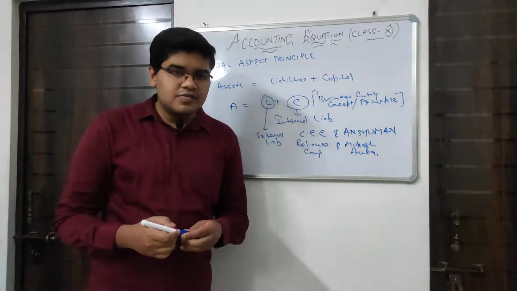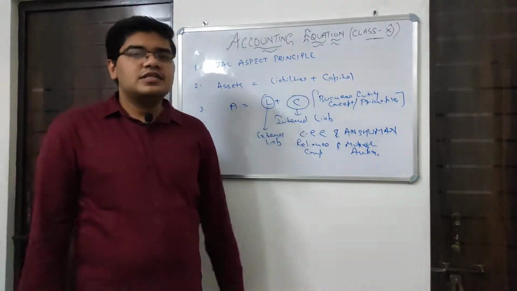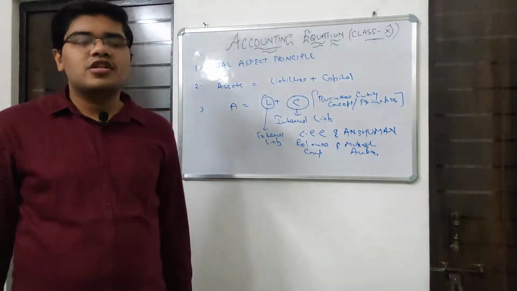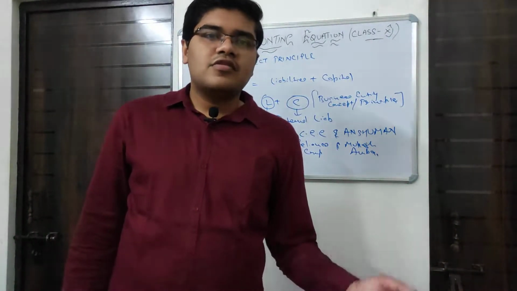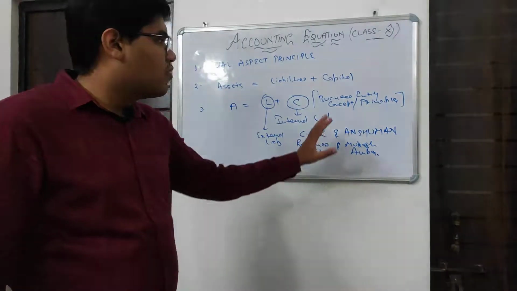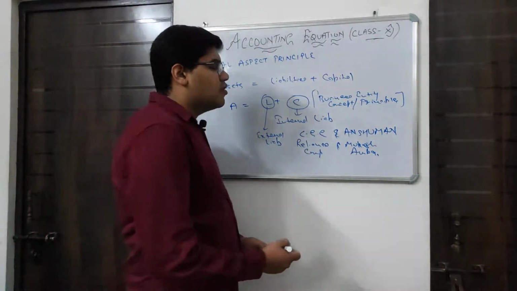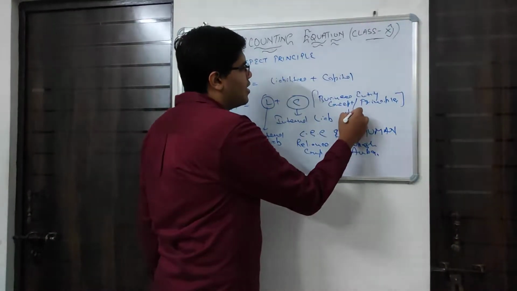So from the accounts point of view, the business entity principle states that whatever transactions we record in the business are from the point of view of the business, not from the point of view of the businessman.